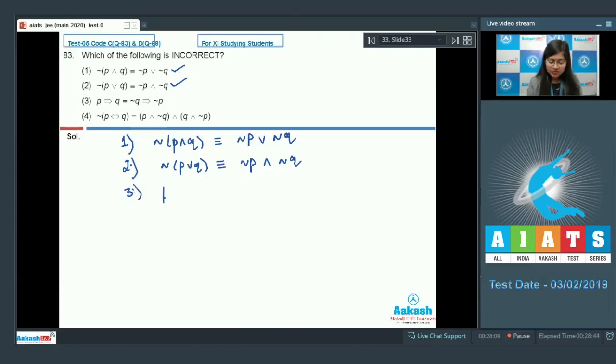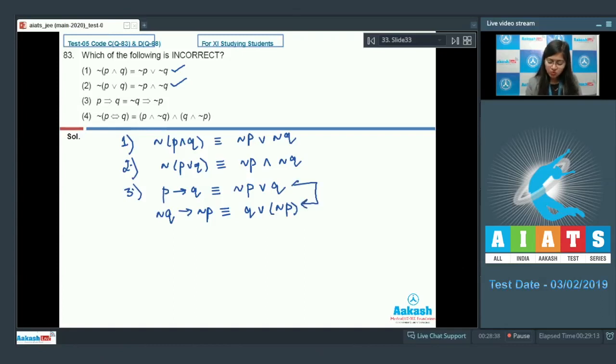Now, the third option says that P implies Q can be written as negation P or Q. Similarly, negation Q implies negation P can be written as Q or negation P.